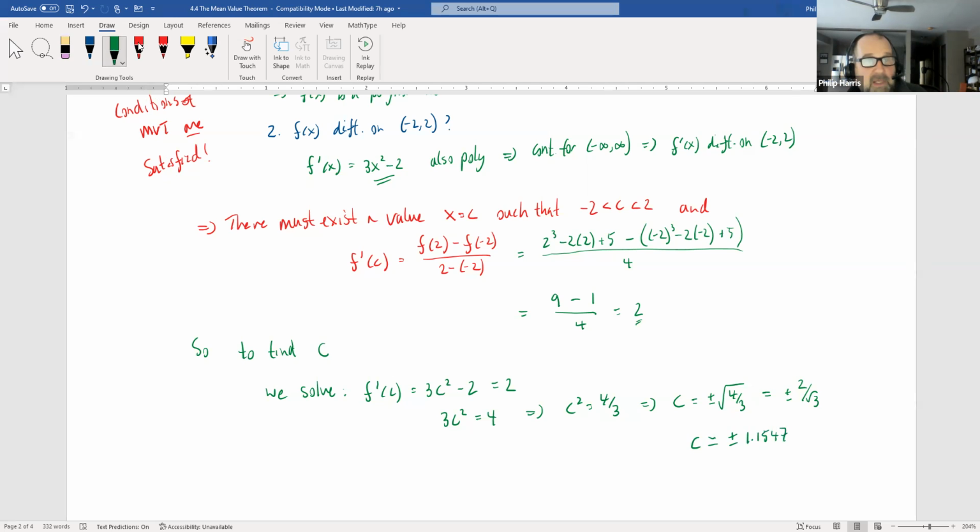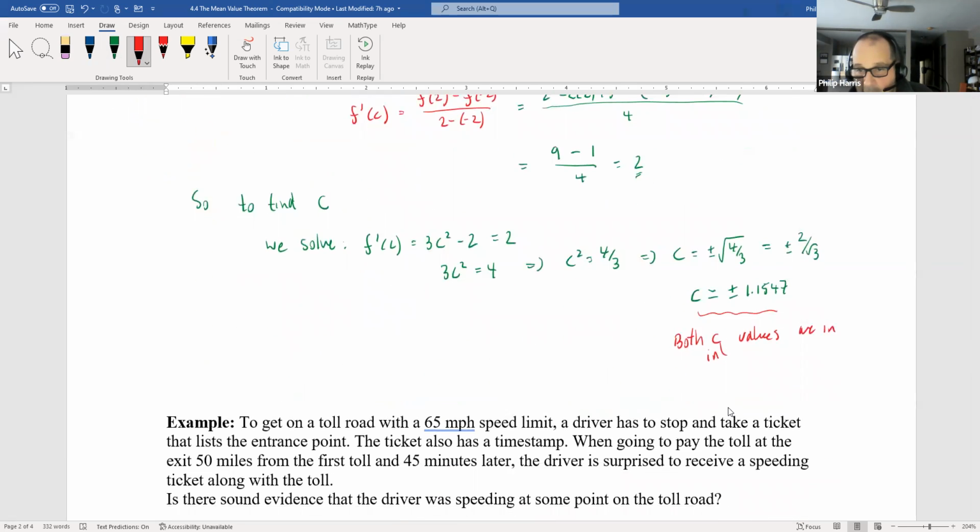And you will notice then that, as predicted by the mean value theorem, both c values are in the interval of -2 to +2. One is -1.15 or so, the other one is +1.15 or so. And again, this is what was guaranteed to us, that there would be at least one by the mean value theorem.